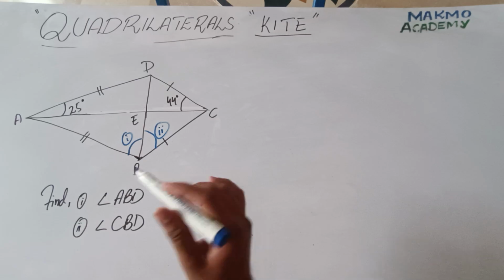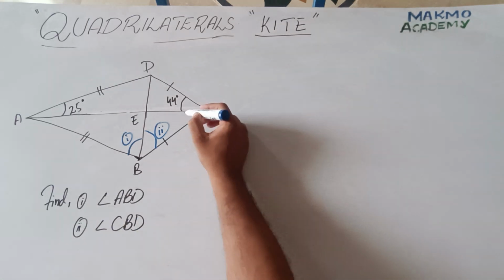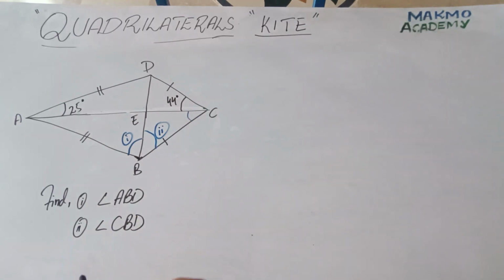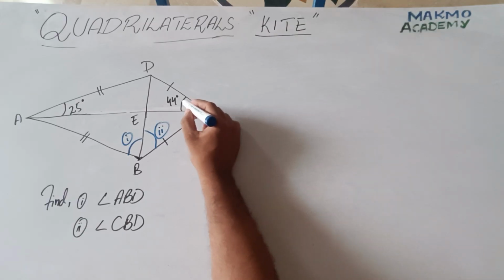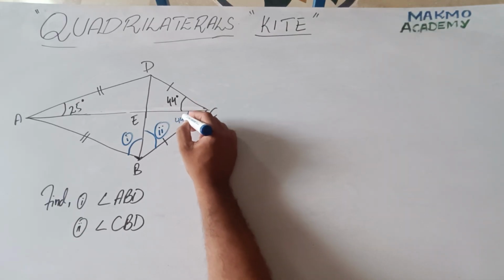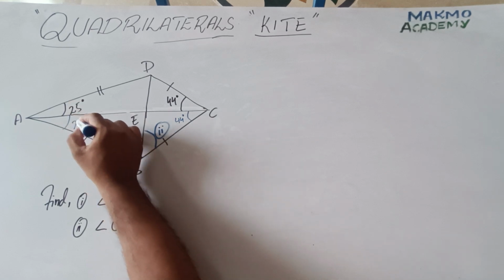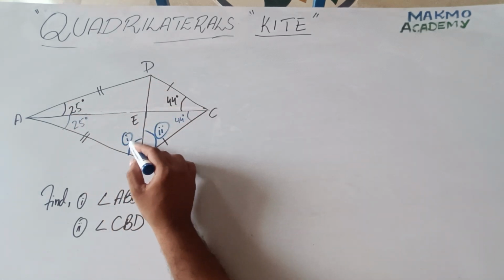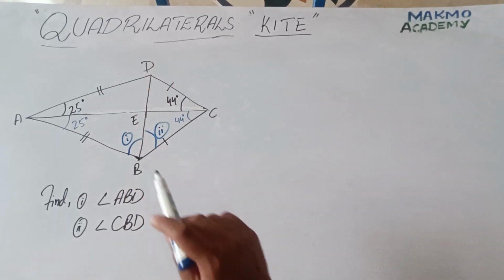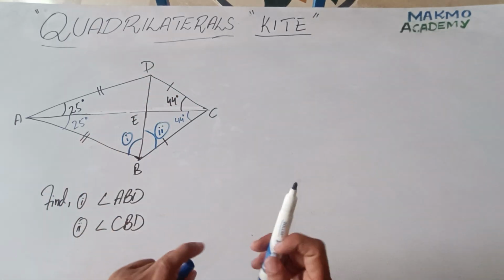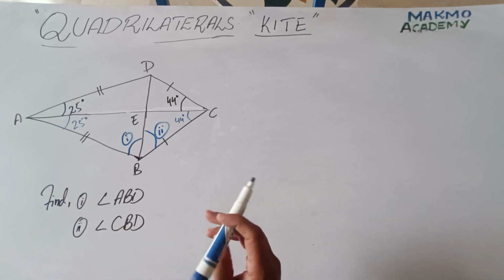The longer diagonal bisects the interior angle in the case of a kite only. If this is equal to 44, this would also be equal to 44, and this would equal 25. But these two are not equal because this is not the longer diagonal, so the size of these two angles would be different. Keep this in your mind first of all.